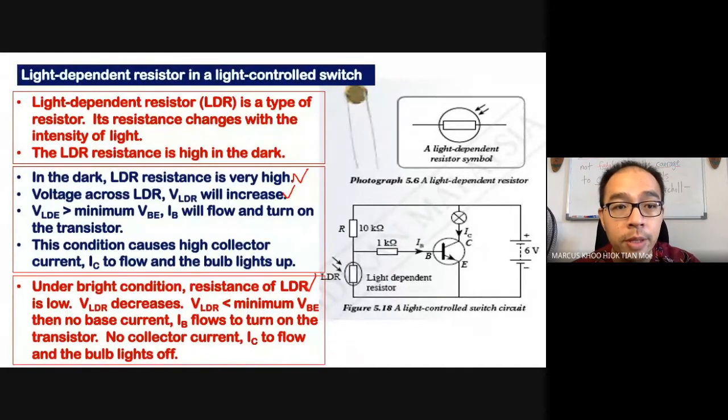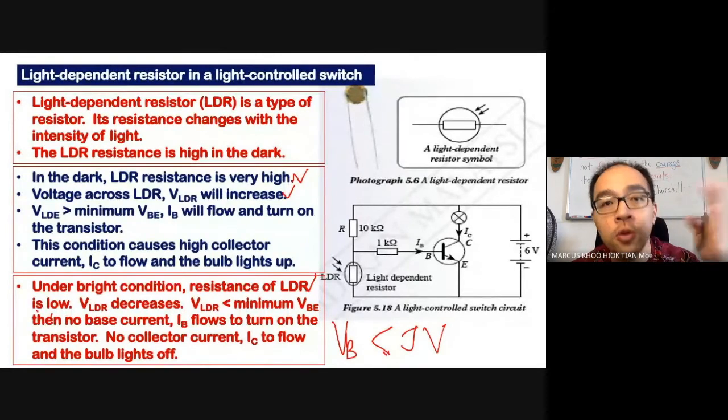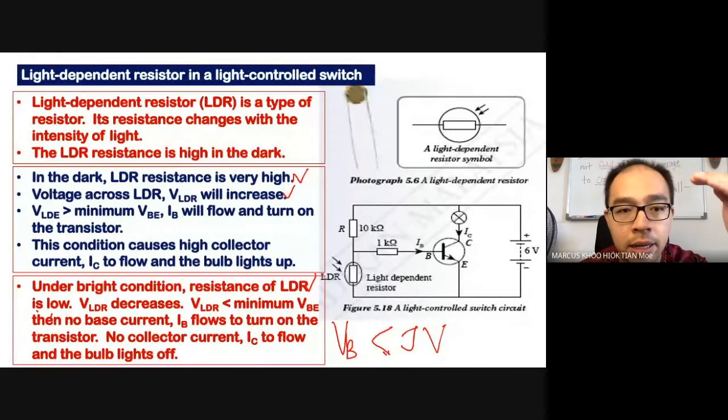So because the resistance of the LDR decreases, the base voltage will be less than the junction voltage. Okay? Base voltage less than the junction voltage, no base current. No base current, no collector current, transistor switch off.